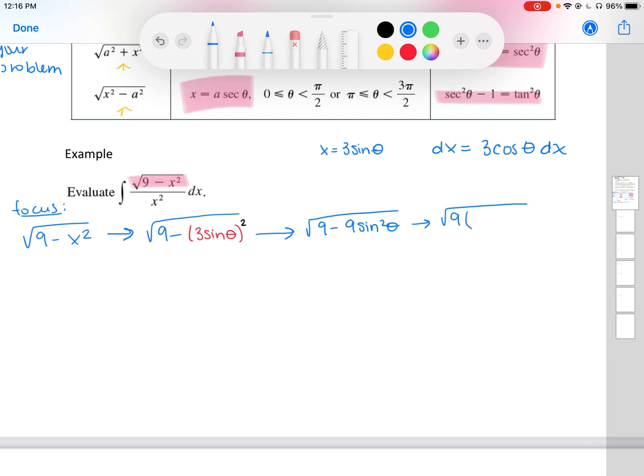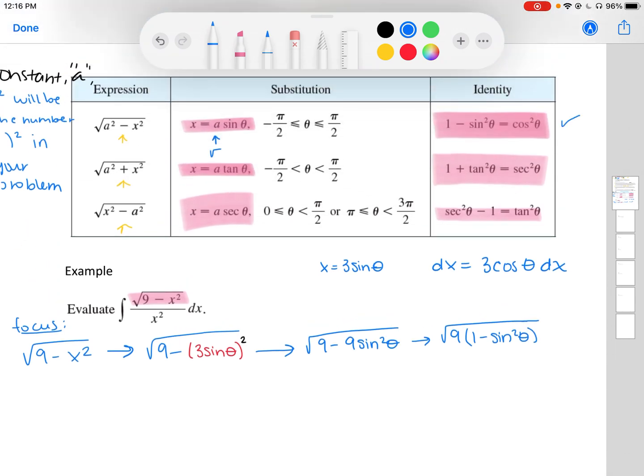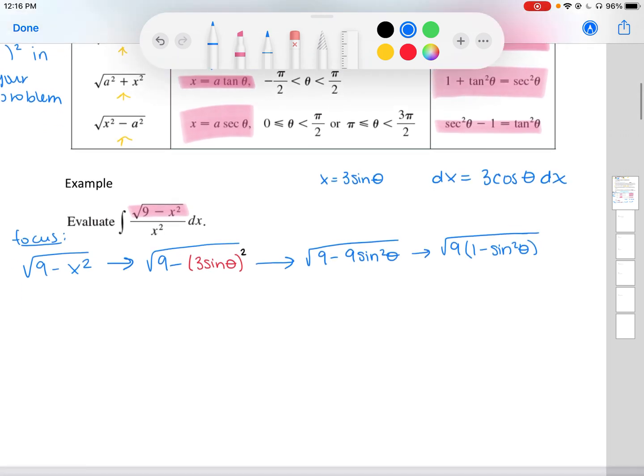So I have 9 times 1 minus sine squared theta. And then we keep the Pythagorean identity. 1 minus sine squared theta is cosine squared theta. All right, so we have the square root of 3 cosine squared theta, oh, I got ahead of myself. We still have a 9. So when we apply the square root, we have 3 cosine theta.